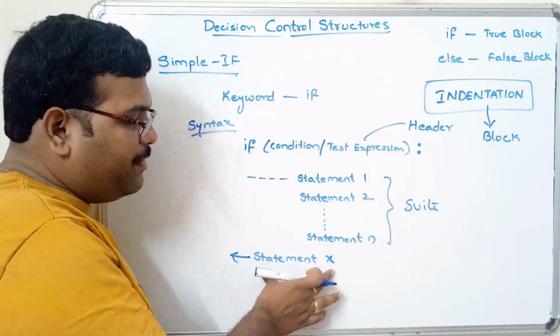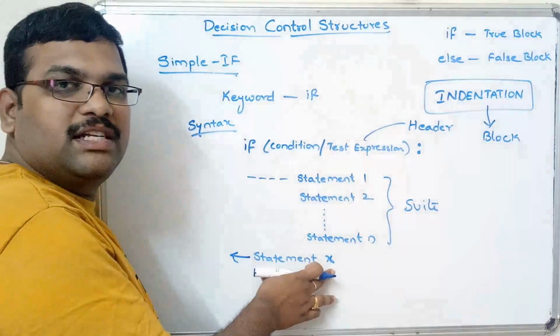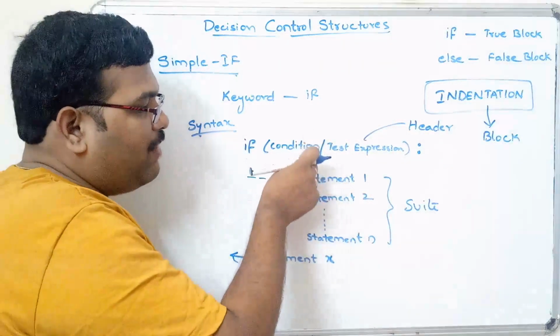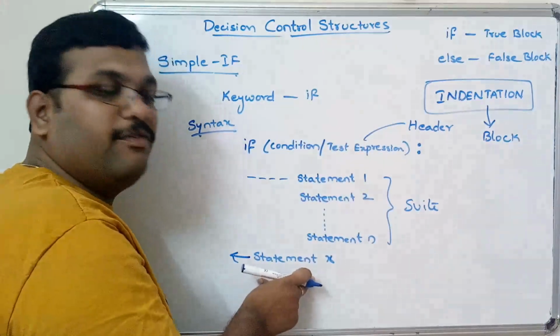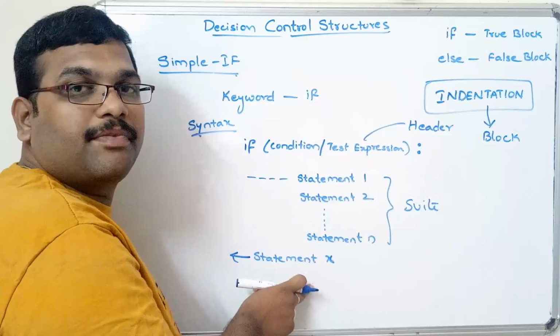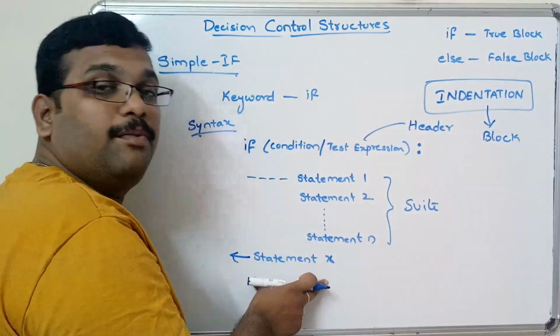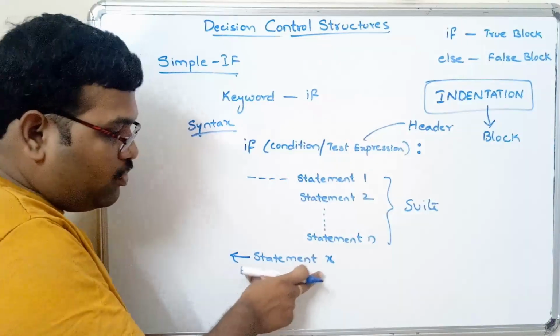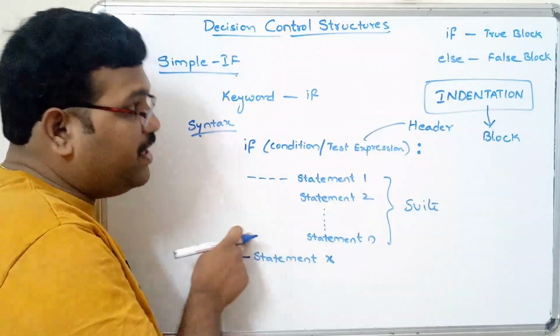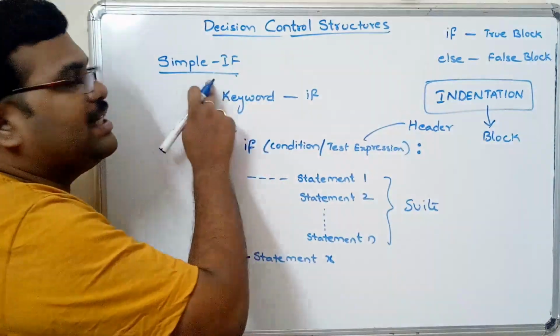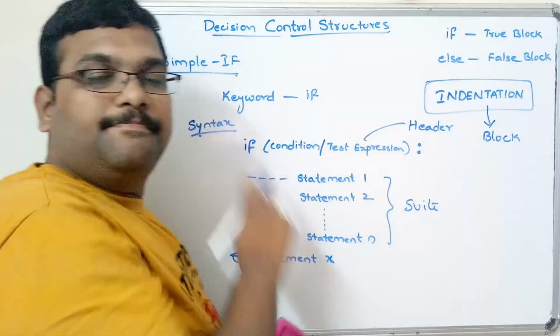This implies this statement is the immediate sequential statement, executed after the condition. If the condition is false, this statement will be executed. Or if the condition is true, after executing all these statements, this statement will be executed. This is not an else part, because we didn't write any else, only the if condition. So this is called a simple if, right?